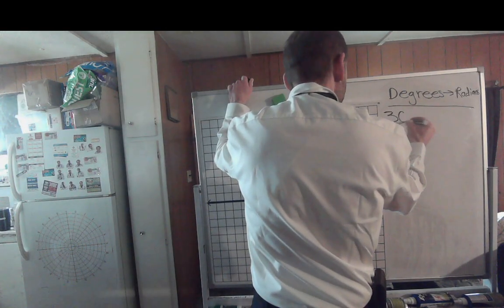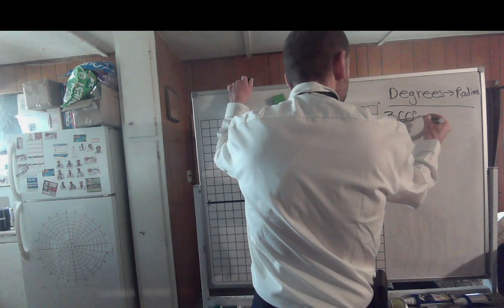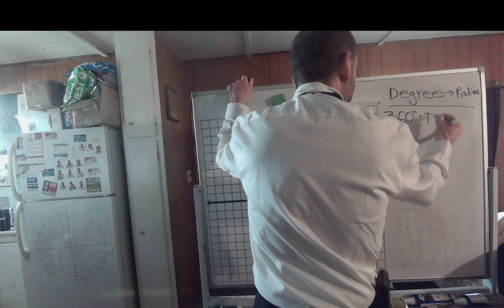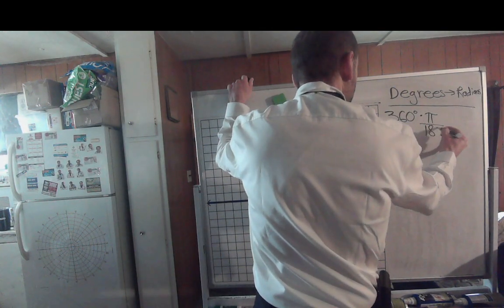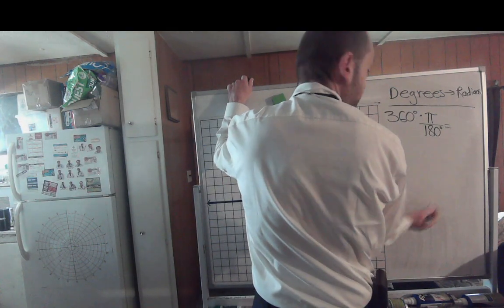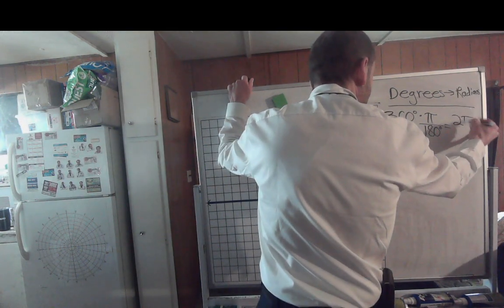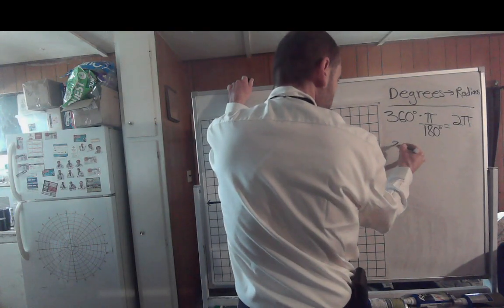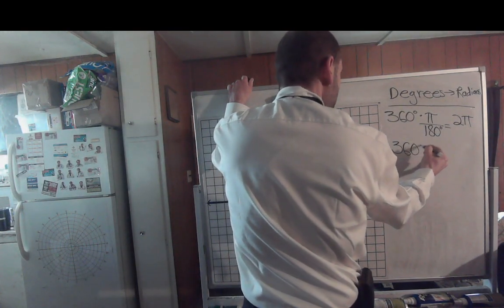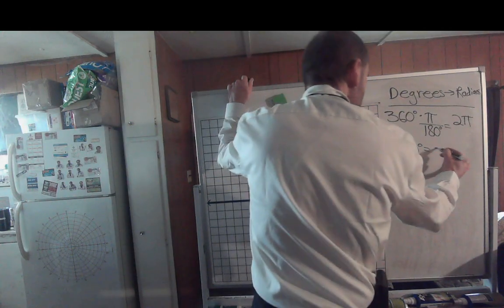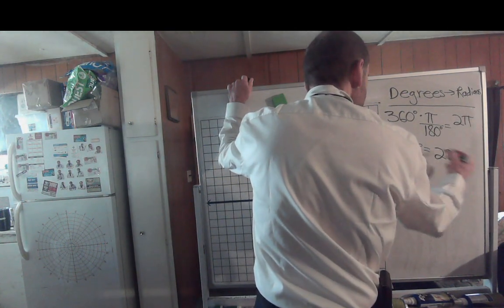And then we have, of course, 360 degrees. So that would be times pi over 180 degrees, which would give you 2 pi, which is a full circle. So a full circle of 360 degrees equals 2 pi radians.